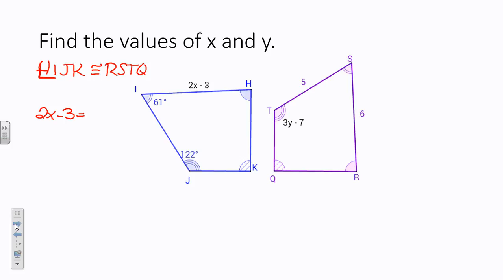They don't look good on the projector. They should be right on your paper. So HI should be equivalent to RS. It's been twisted. It's a rotation. So it should be equal to RS, and the distance between R and S is 6.